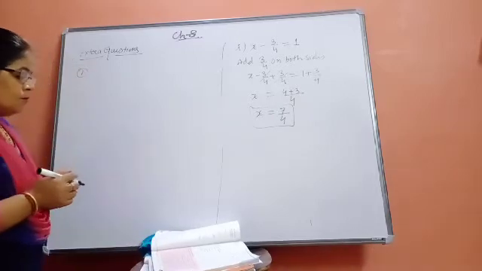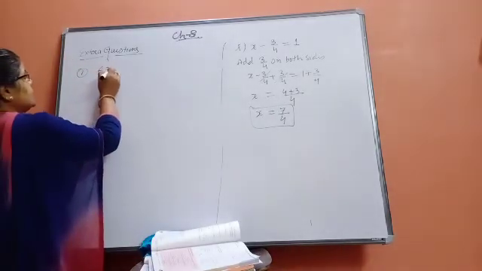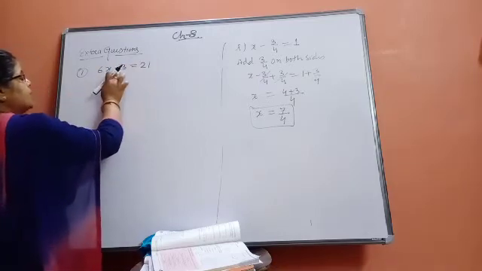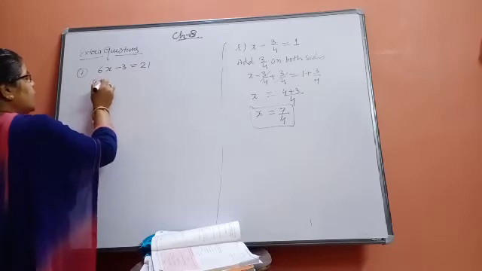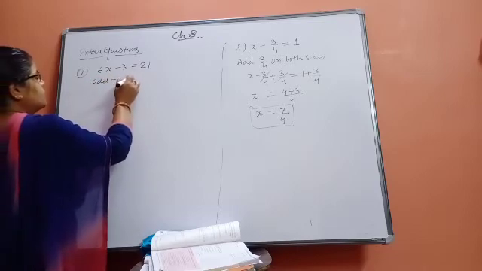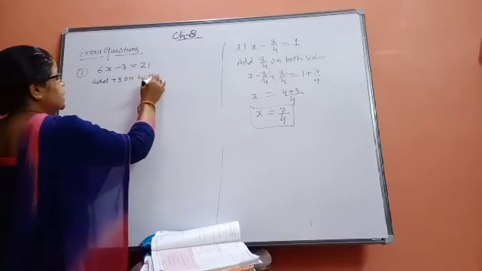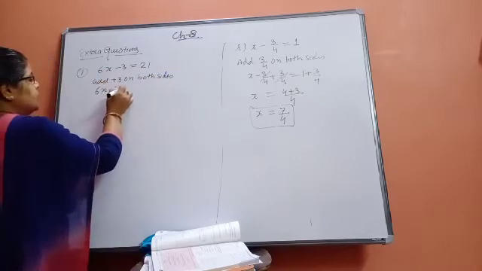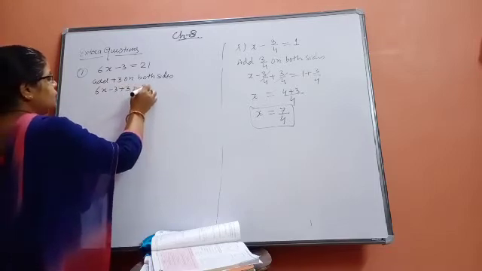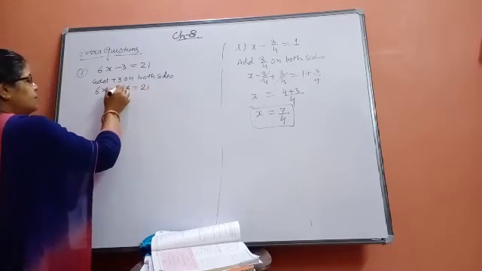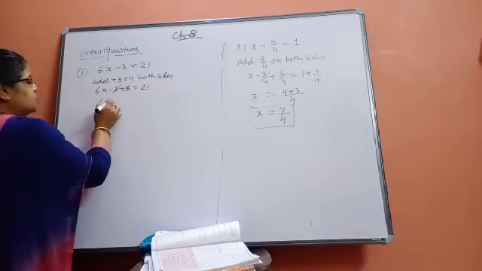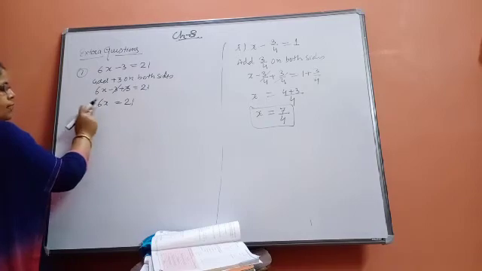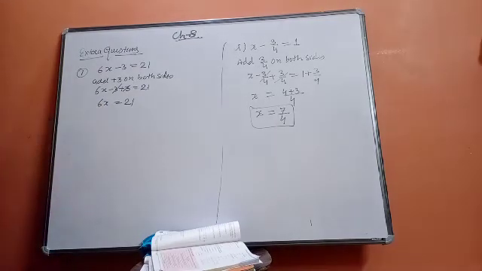See that, beta, one question is that 6x minus 3 is equal to 21, and we would like to find the value of x. Here minus 3 is there, so what we will do, add plus 3 on both sides. So 6x minus 3 plus 3 is equal to 21 plus 3. Minus 3 and plus 3 will be cancelled. So 6x is equal to 21. Here 6 is there, so if we divide by 6, then x will become free.